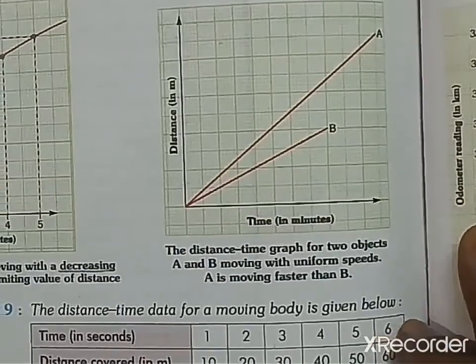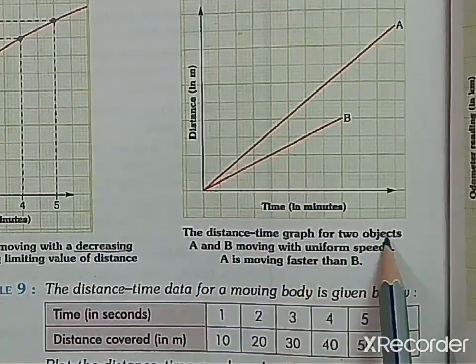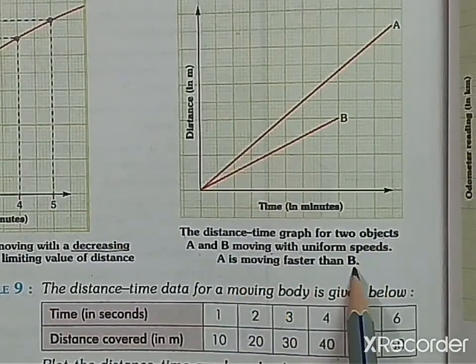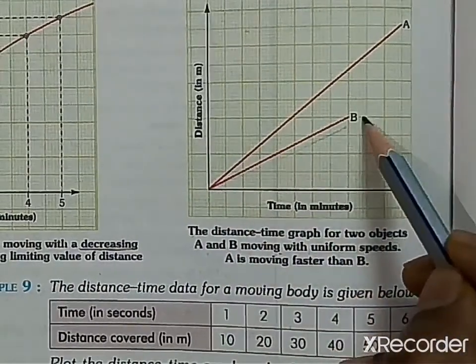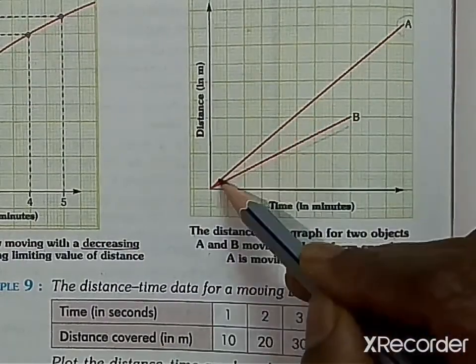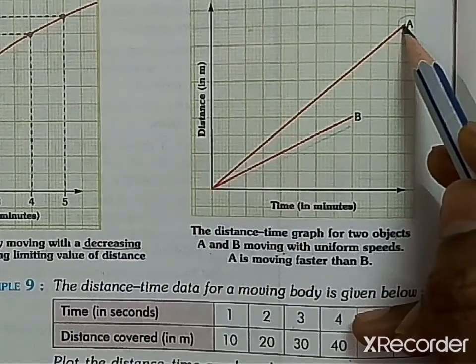Then here you can see one another example, the distance time graph for two objects A and B moving with uniform speeds. A is moving faster than B. Now here you can observe that this is the object B and this is the object A. Okay, now object A is having more slope, so if the slope is more, then the speed is more.